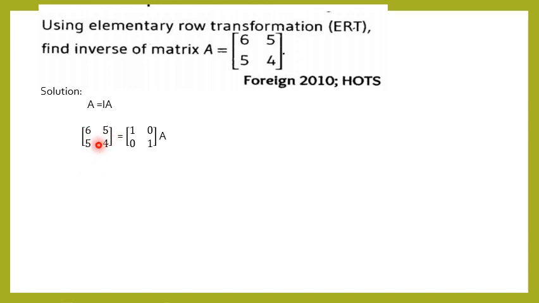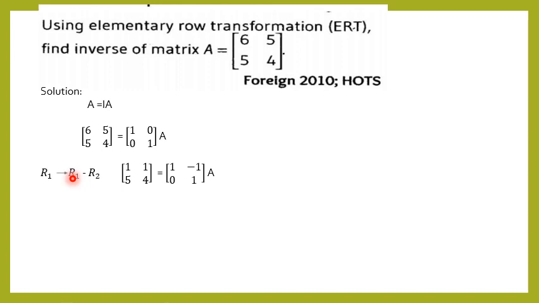Then, the second element in the second row, we need to convert to 1. Then, using this 1, we need to convert other elements in that column to 0. Next, if it is a 3 by 3 matrix, the third element in the third column we need to convert to 1. Then all other elements in that column should be 0. In that way, we need to write the row transformation rules.